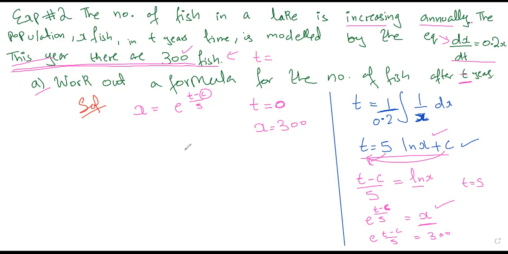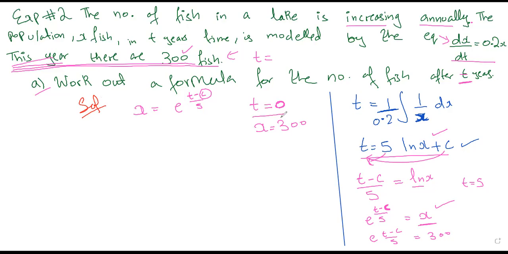We're taking t as 0 because it said that initially there are 300 fish. Obviously initially has not been written, but this year means that t is 0. And in such questions, whenever they have not mentioned t, it would be straightforward that you will be using this.